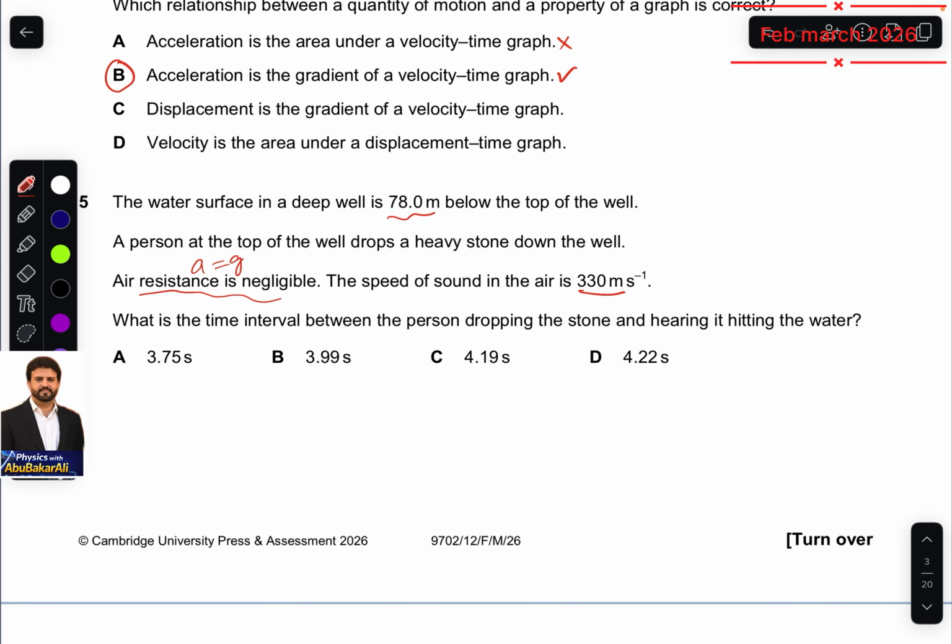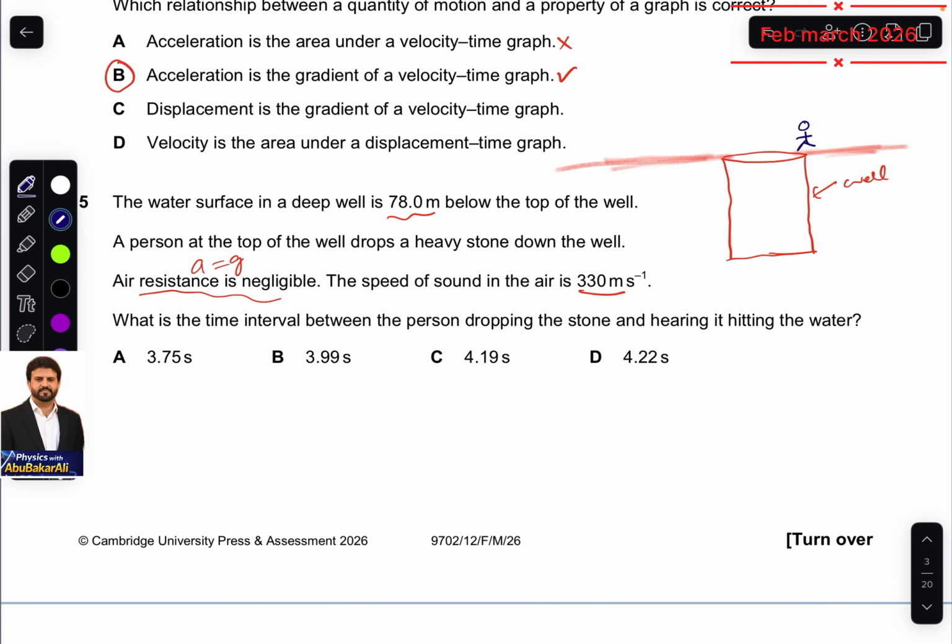Okay, so let's first try to understand the scenario. Let's suppose this is a well, and this is the ground, and the person is standing here.